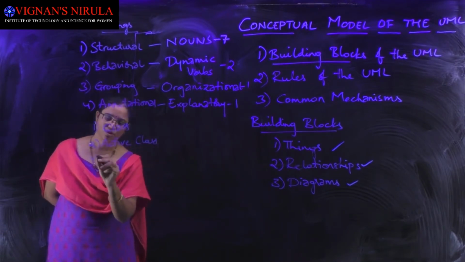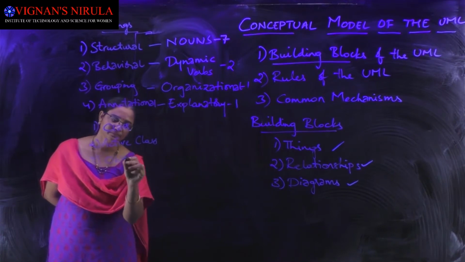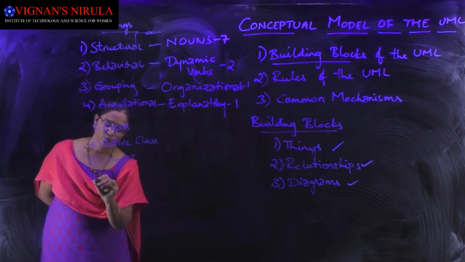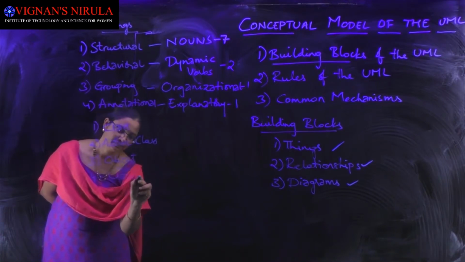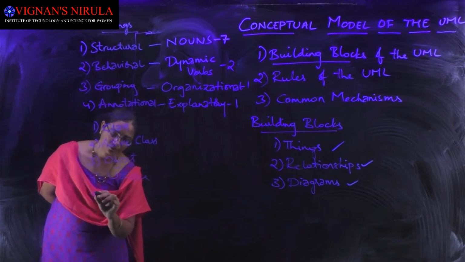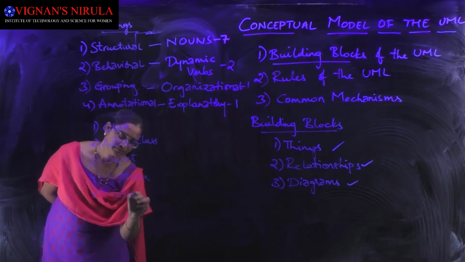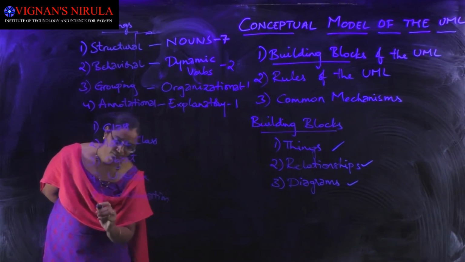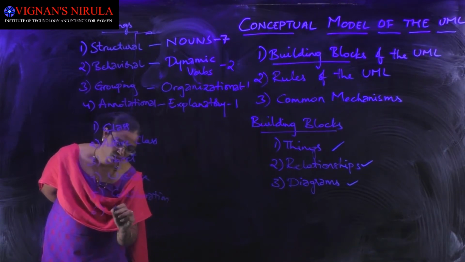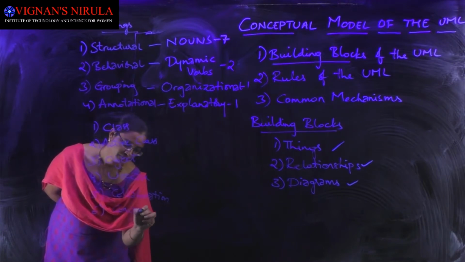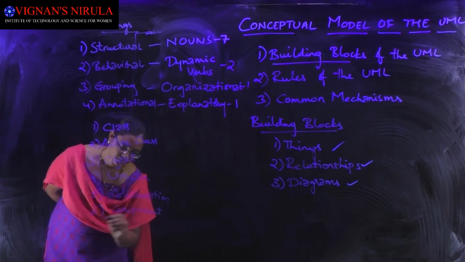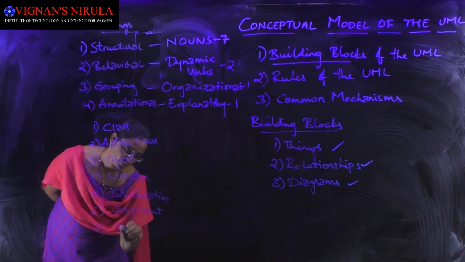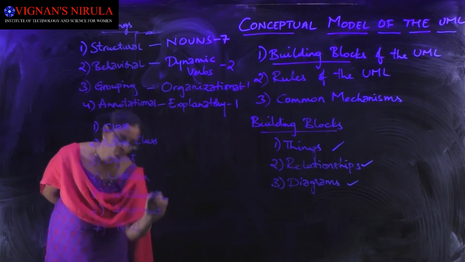Third one is object. Fourth one is use case. Fifth one is collaboration. Sixth one is component. And seventh one is node. This is node, N-O-D-E, node.